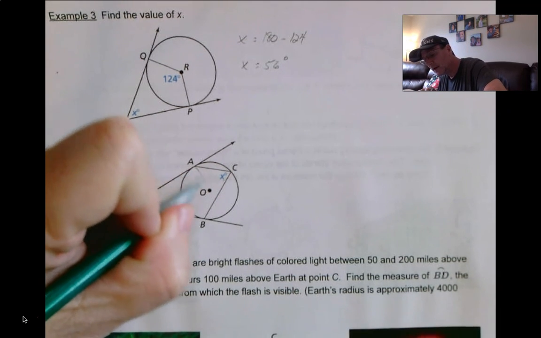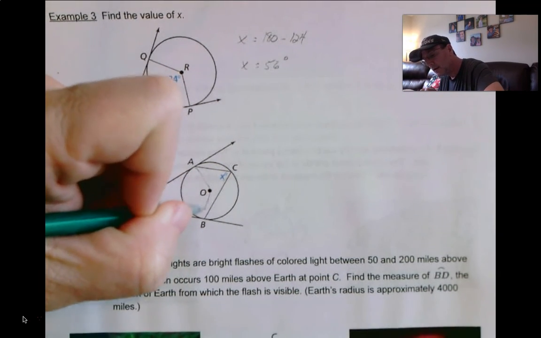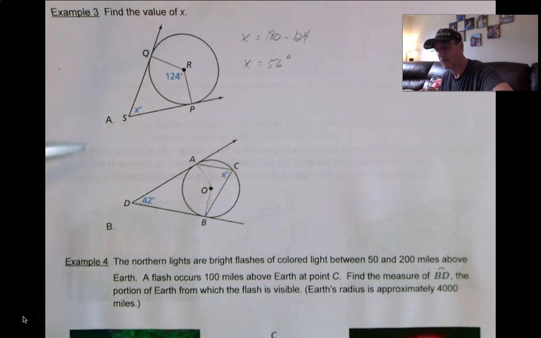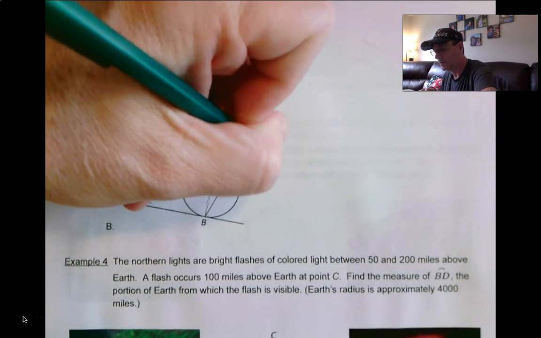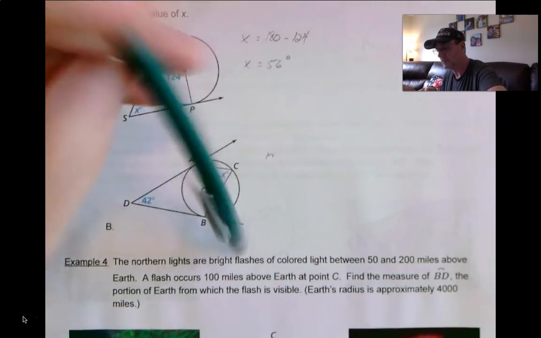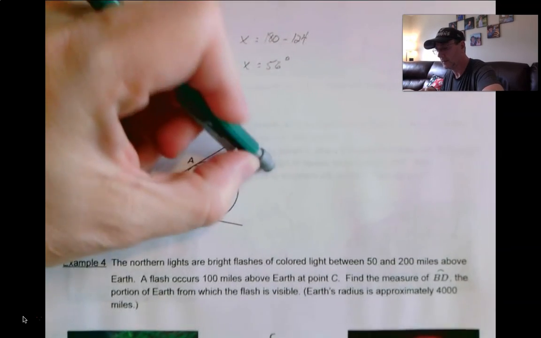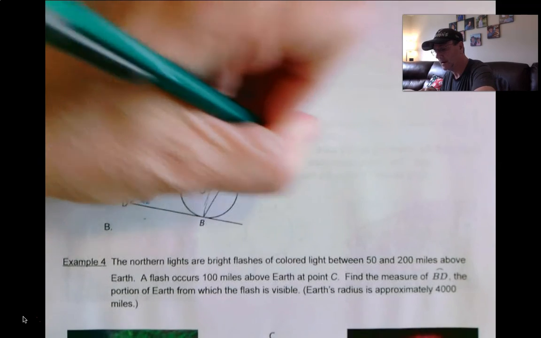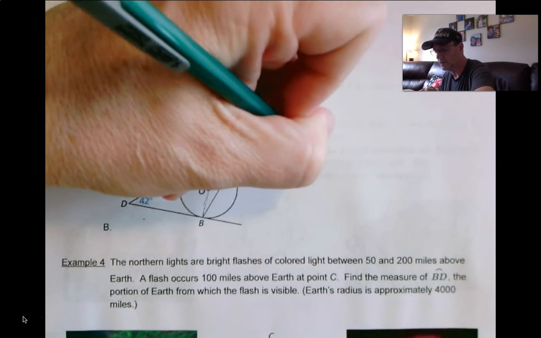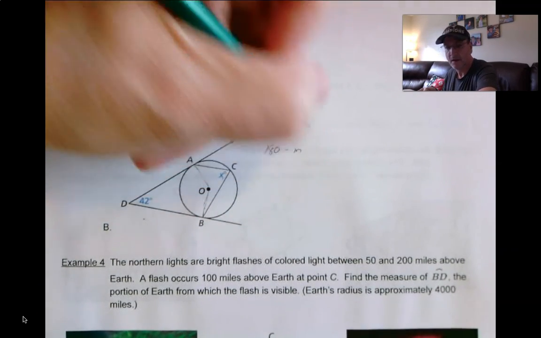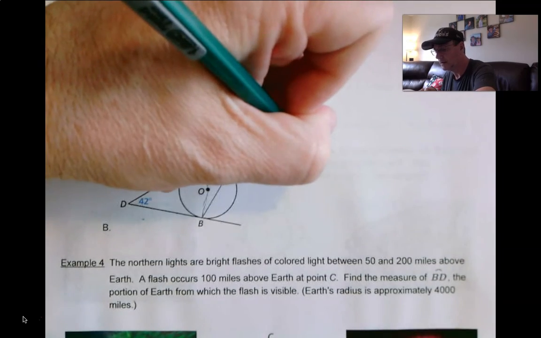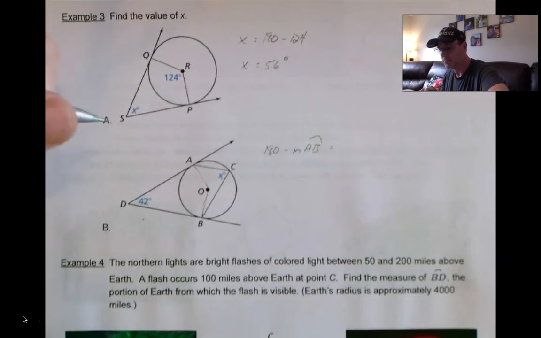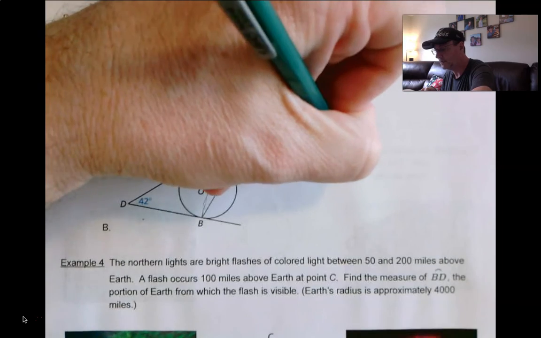So I'm going to find angle AOB first. So measure of angle AOB, 180 minus the measure of arc AB, I'm going to go with arc AB, just a little less writing, is equal to 42 degrees.